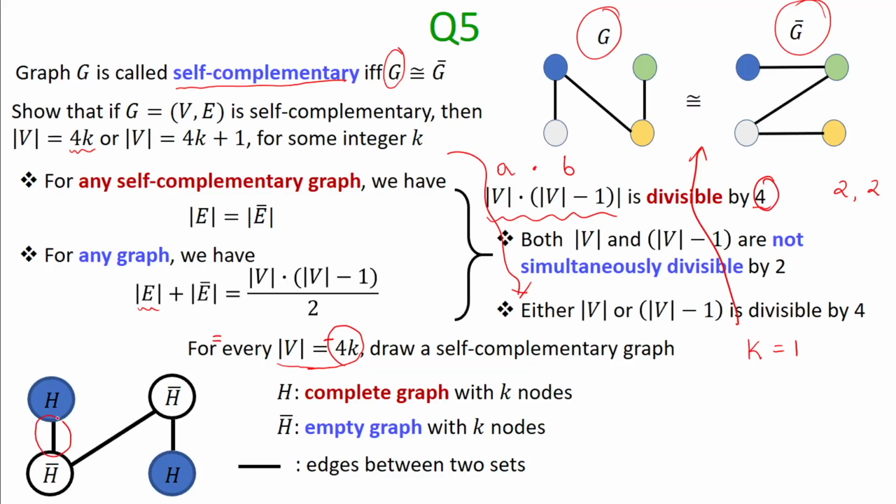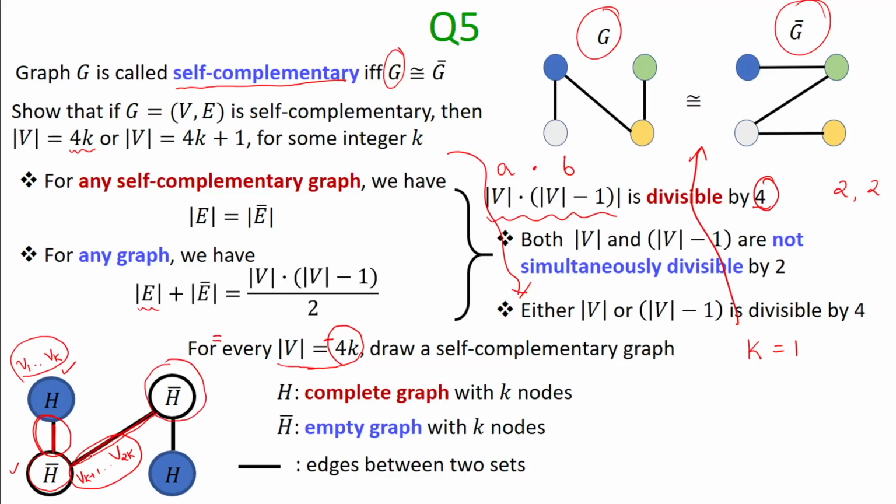So this thick edge between this group of k nodes and this group of k nodes denotes that if you have the nodes v1 to vk here, and the nodes v of k plus 1 to v of 2k here, then you have an edge between every node in this group and every node in this group.